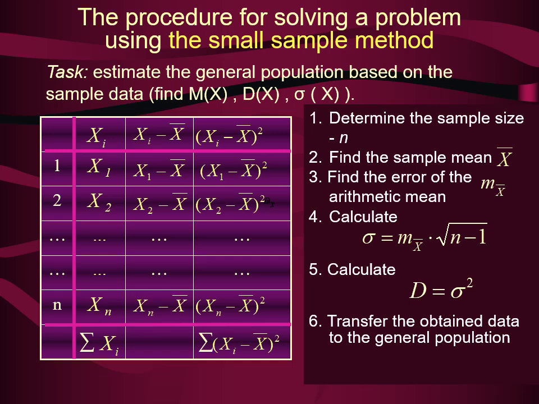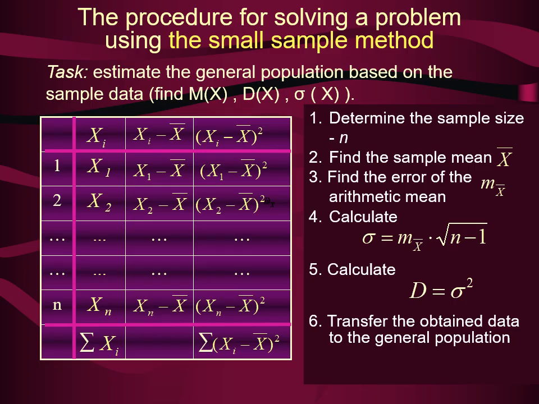In the second, more precisely, the third column of the table, the difference is indicated if the task is considered manually. Usually this column is highlighted, and then a fourth one is added, where this difference is squared.